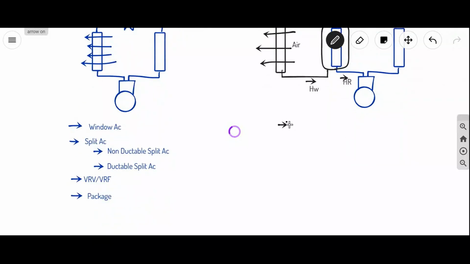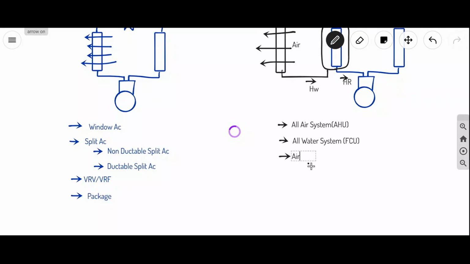Now this is all air system, where we use AHU here. All water system, we use FCU.